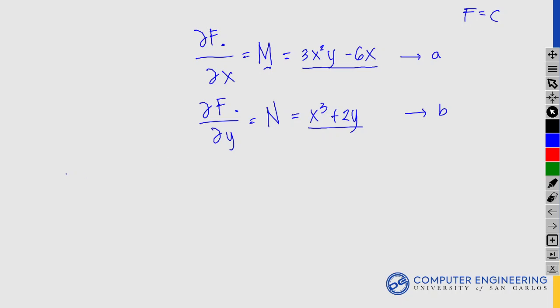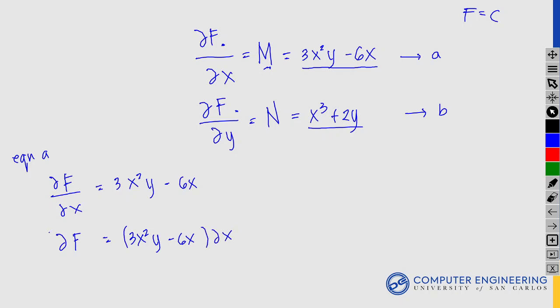So let's go with equation A. If we have the partial derivative of f with respect to x equal to 3x²y − 6x, we cross multiply to the right and integrate, so they cancel out. That means we have a possible solution in the form of the integral of the right side.